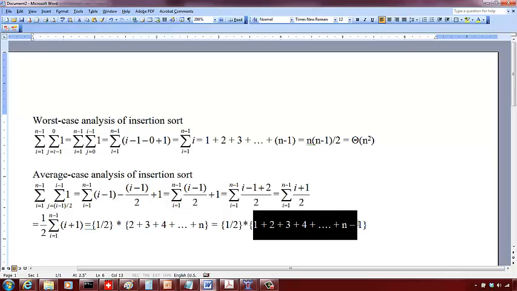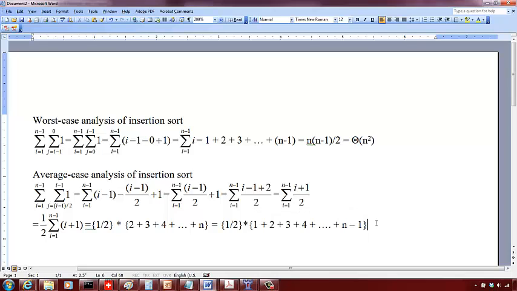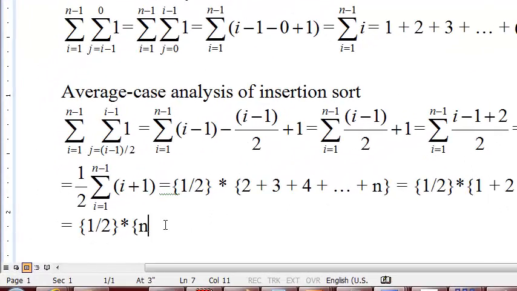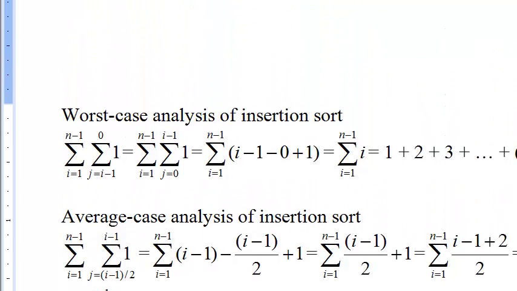So we added a 1, so we subtract a 1. So that's going to be again a half times, and this term is going to be n times n plus 1 over 2.